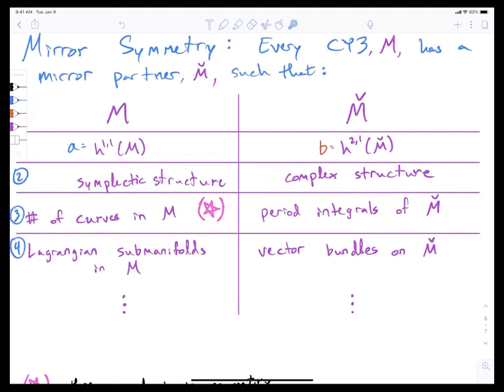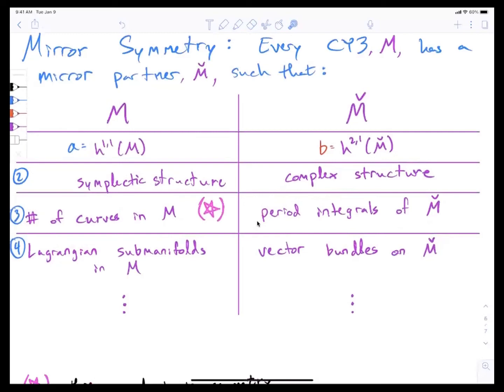And you don't need to know what period integrals are, but the point is it's a rather classical subject, which we have a lot of techniques for solving. And so one cool application of mirror symmetry is I can answer algebraic geometry questions over here by doing integrals, which I know how to do, on an entirely different space.